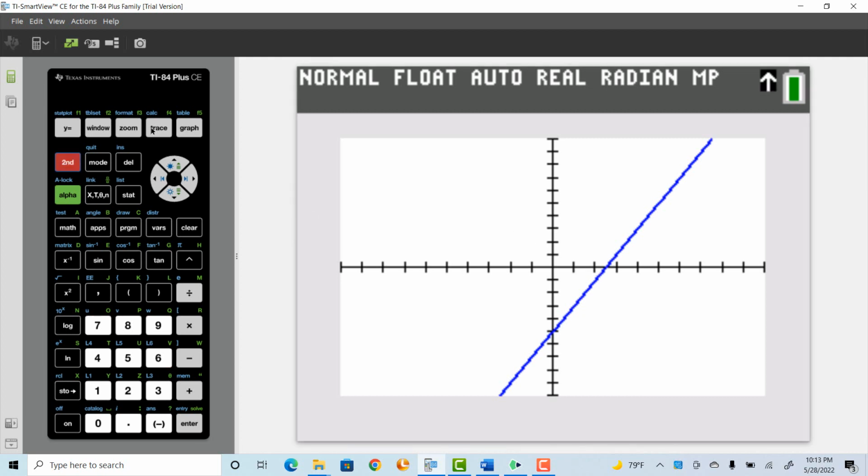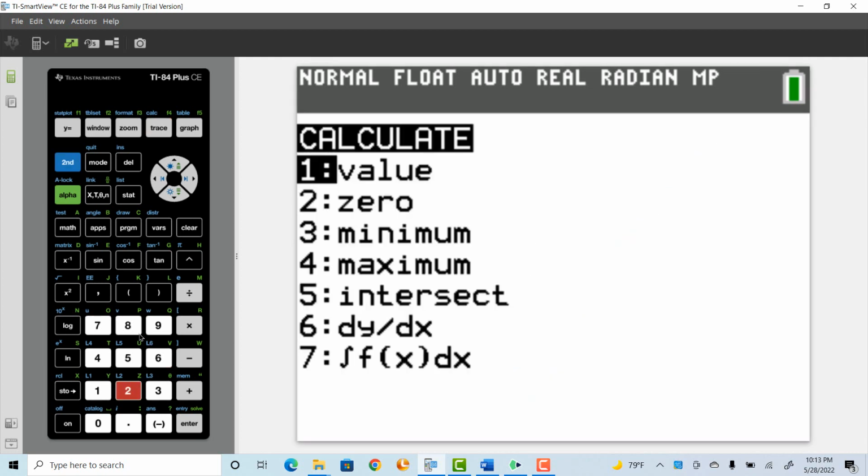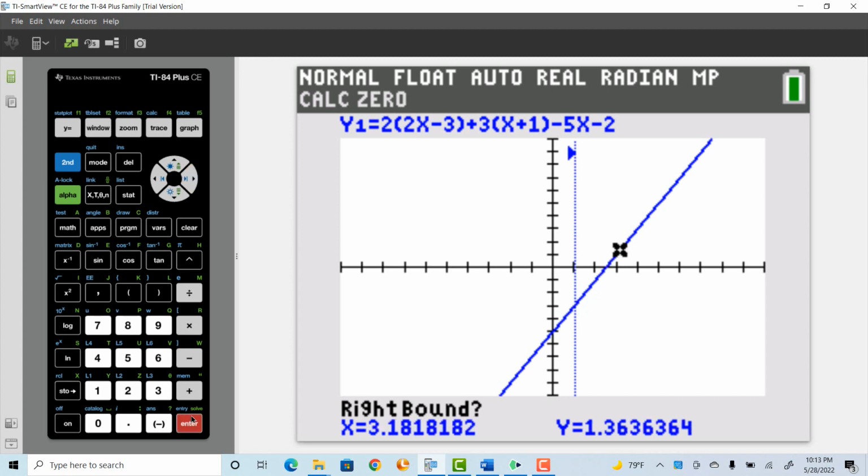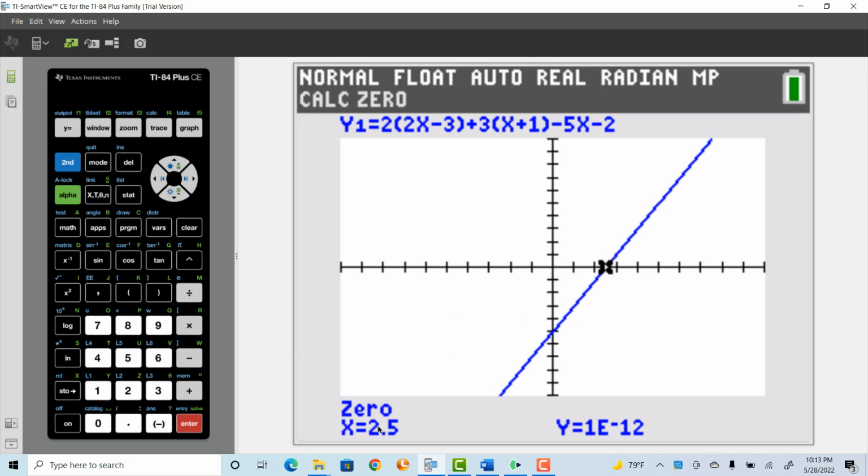Now, if I do a calculate 0, okay, I'm going to do a calculate 0. There you have 2.5. Now, there's a link in the description section of this video to the calculator videos.